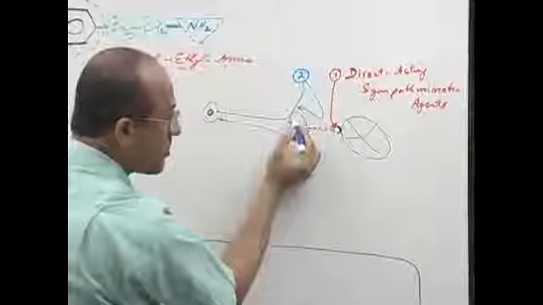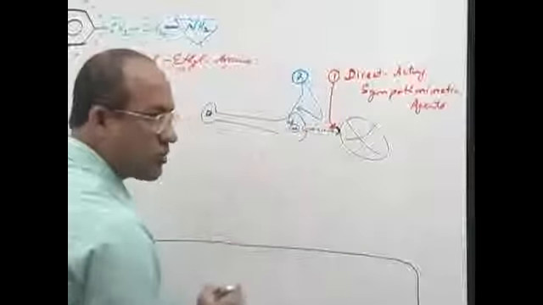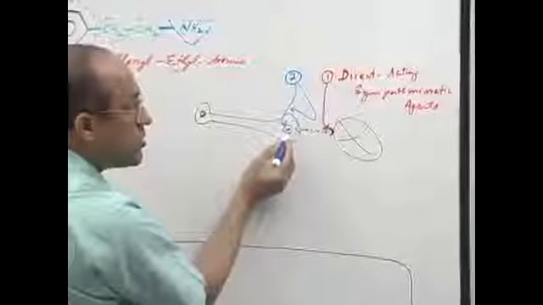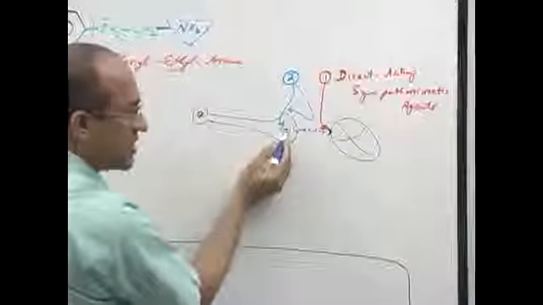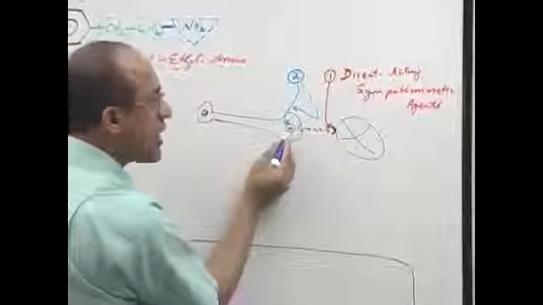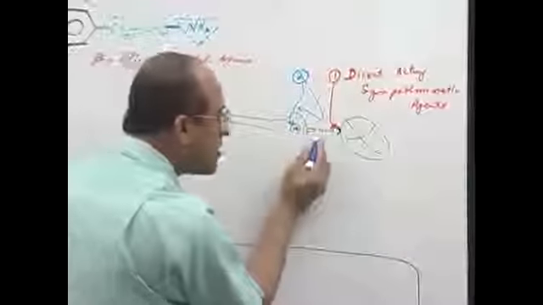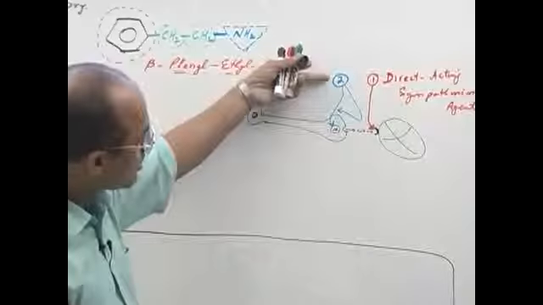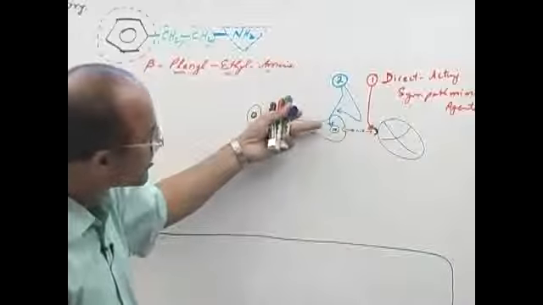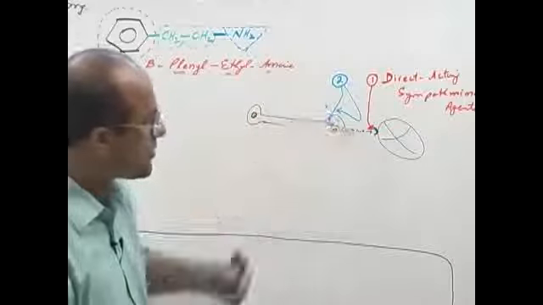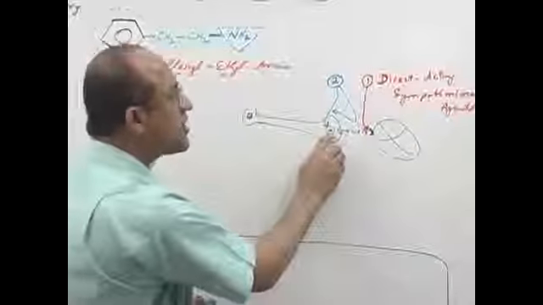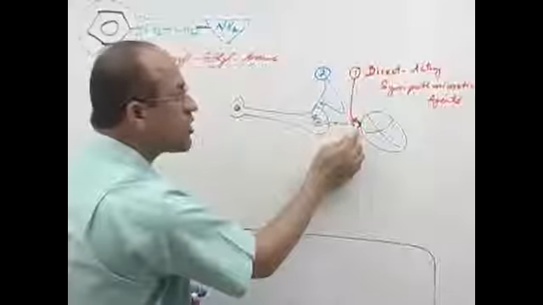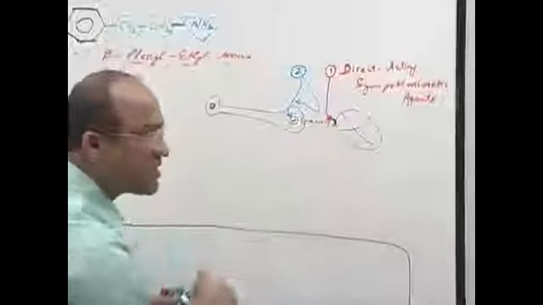They enter into sympathetic nerve endings and go into neurotransmitter vesicles and increase the release of norepinephrine. Of course, this increasingly released norepinephrine will also act on the receptor and produce sympathomimetic action.